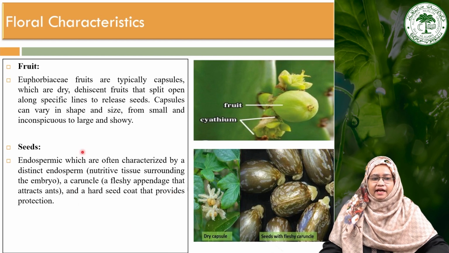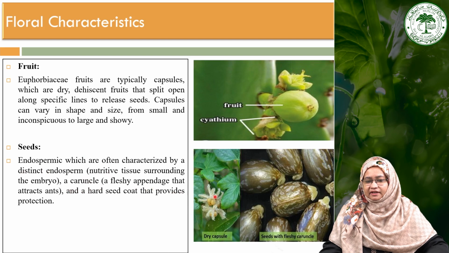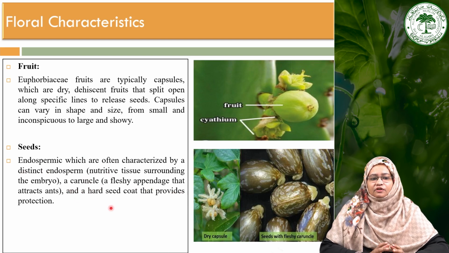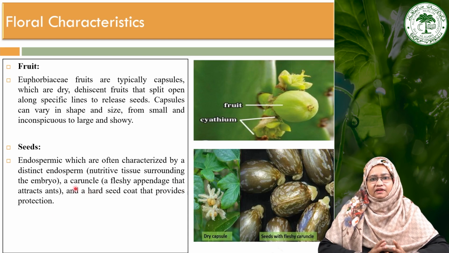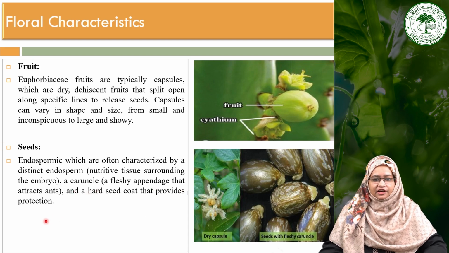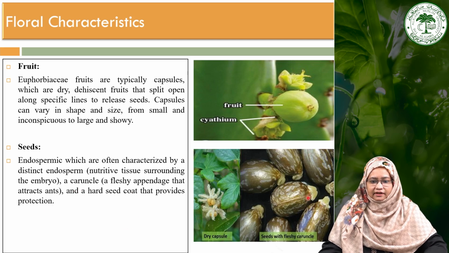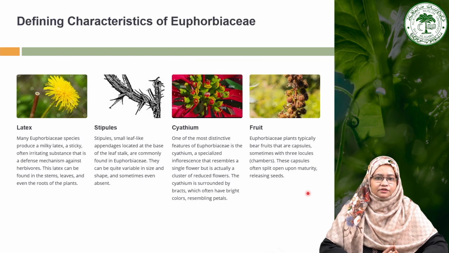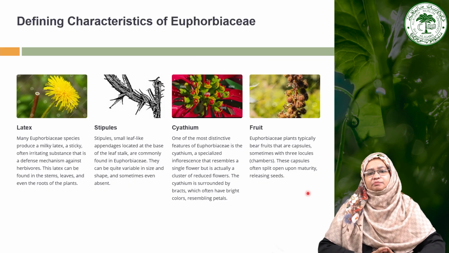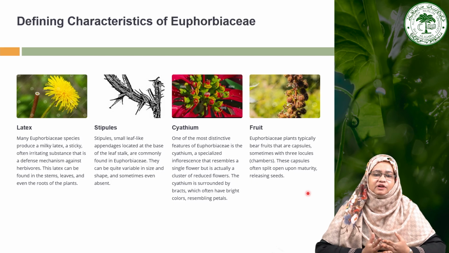As we have seen, the seed is endospermic, and they have a fleshy appendage that attracts ants, and a hard seed coat that provides protection. So this particular family also has a very interesting type of fruit and also seeds. As you can see, this is the presence of the caruncle, that is the fleshy outgrowth of the seeds. So we have seen there are many defining characters present in this particular family Euphorbiaceae.